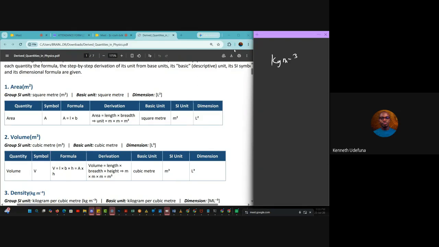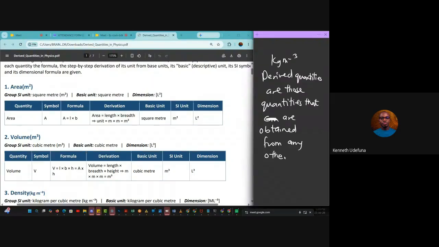So quickly, let's go back to what you call derived quantities. Derived quantities are those quantities that are obtained from any other quantities.